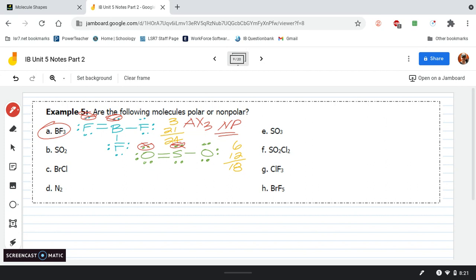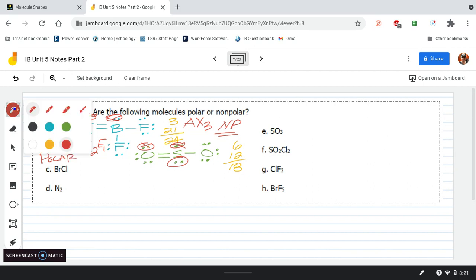So 18 is going to work. So that works now. So that's going to be an AX2E1, right? Because that's an E1. Now that E1 is going to make it polar. So this is going to be an AX2E1, which is bent. And so B is going to be polar.